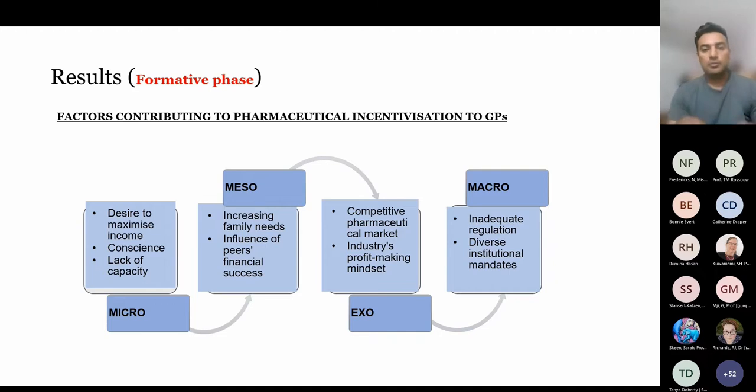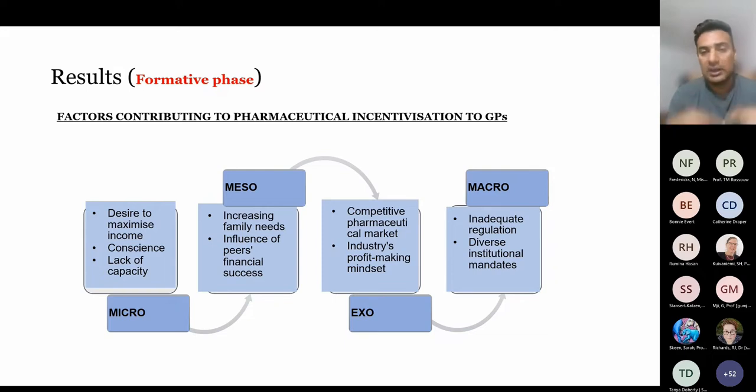So all these things work together with macro level factors that include health regulation, policies, and guidelines. So health regulation involves safeguarding people's health and well-being by detecting and addressing malpractice within the healthcare system through laws, policies, and their implementation.